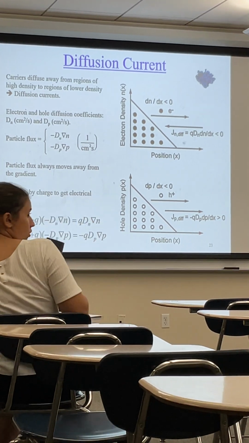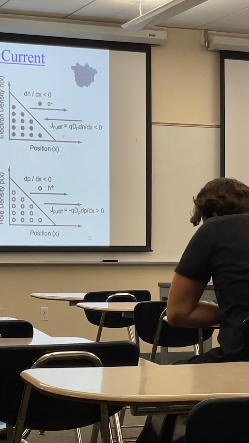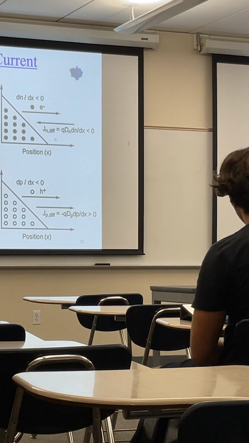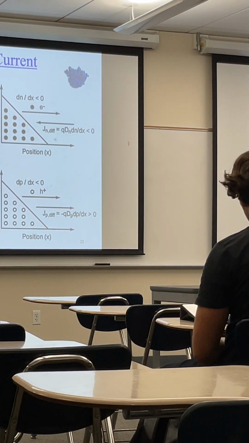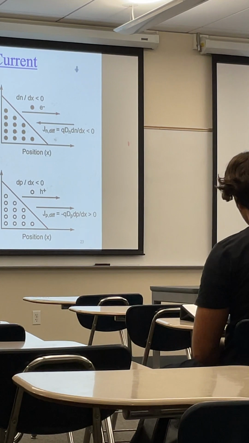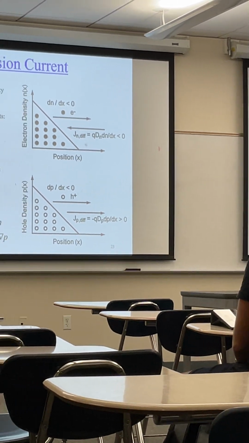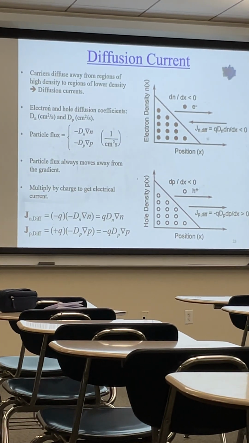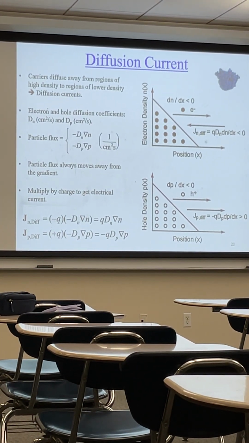So if we know the carrier concentration gradient and also the diffusion coefficient, then we can calculate the particle flux. Remember there's a minus sign here. Why is there a minus sign?